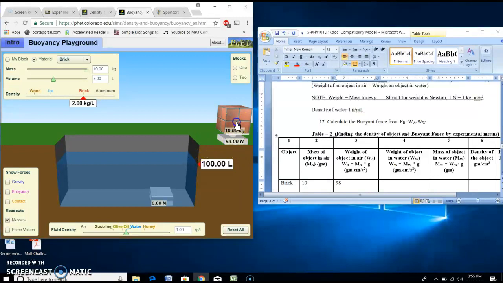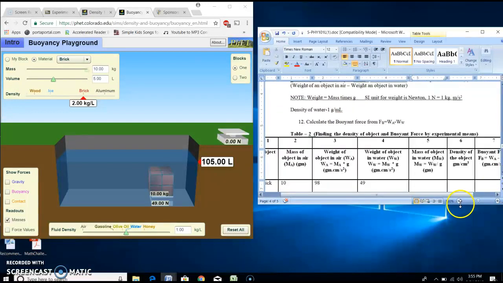And then I want you to pick up the same thing and put it in this water right here. Now you see there is 49. That's what I want you to mention right here, which is 49. Now if you want to find out the mass of the object in water, that's going to be 49 divided by 9.8.